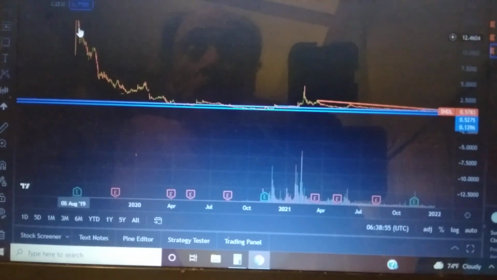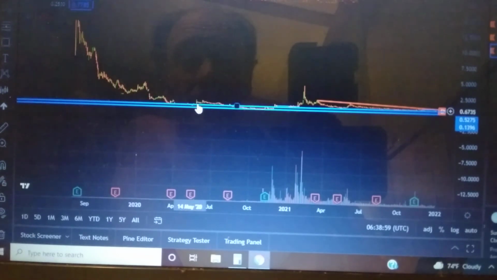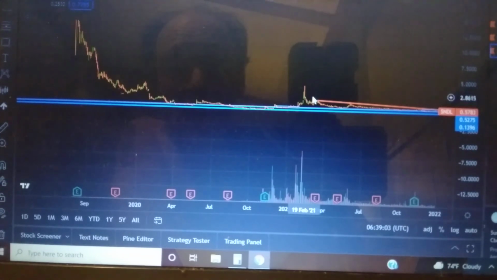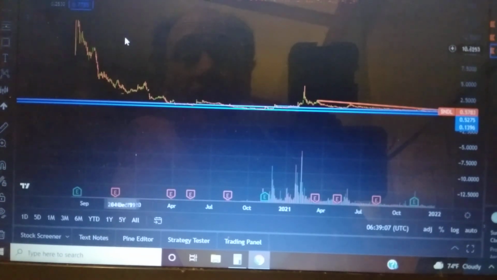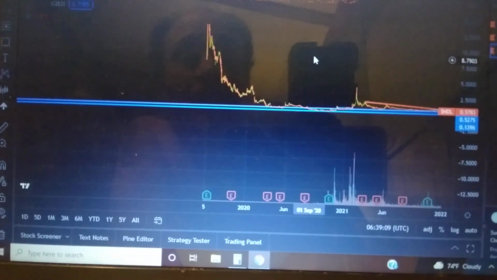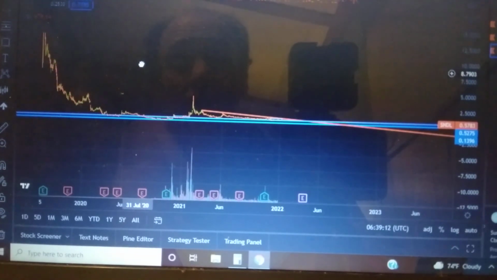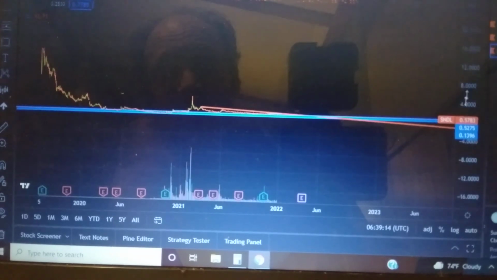And this is what they have done to that stock ever since. Into oblivion. It tried to have a heartbeat back, but it couldn't fight the shorts. Oh my God, I couldn't believe this. How do you do this to a pot company? What haters out there don't like pot?